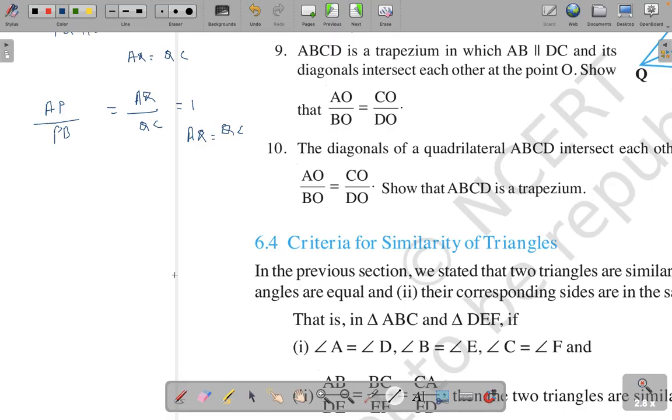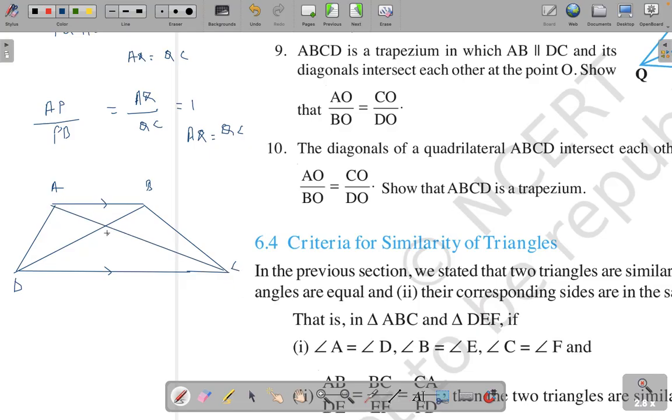Then you have ABCD is a trapezium, in which AB is parallel to DC, and its diagonals intersect each other at the point O. So this is one diagonal, this is another diagonal, and they intersect at point O. You have to prove AO upon BO is equal to CO upon DO.